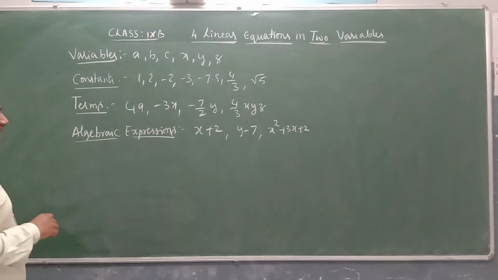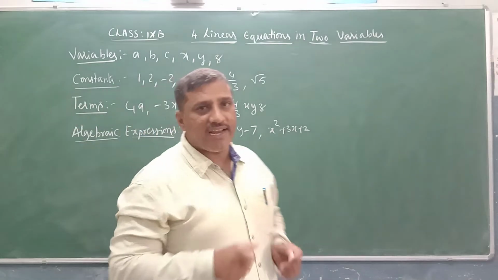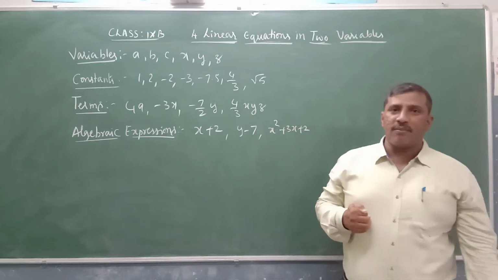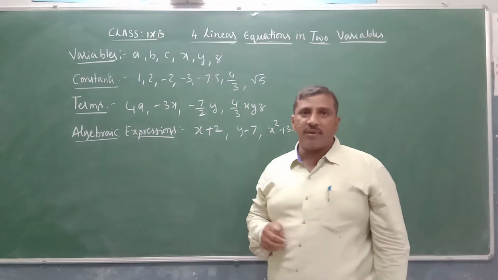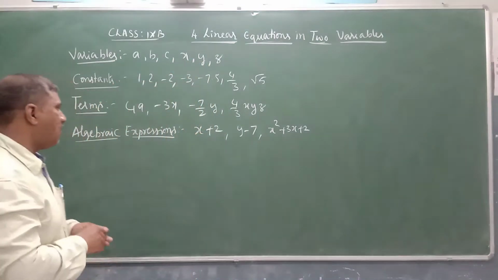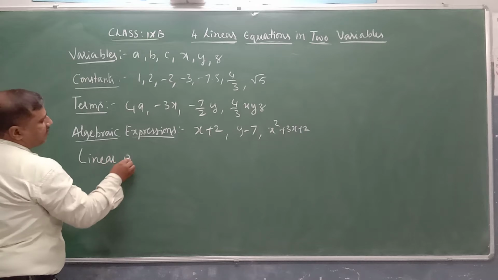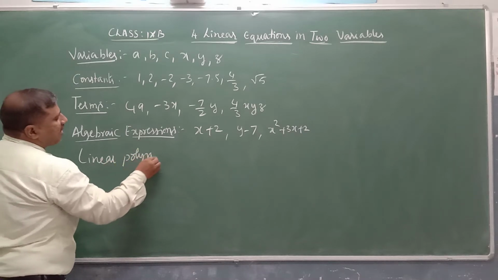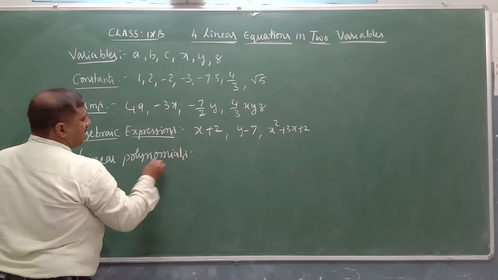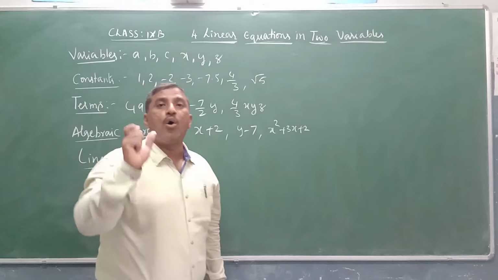Now from algebraic expressions, based on the degree, they are classified as linear polynomial, quadratic polynomial, and cubic polynomial. What are polynomials? Polynomials are algebraic expressions in which the powers of the variables are whole numbers.